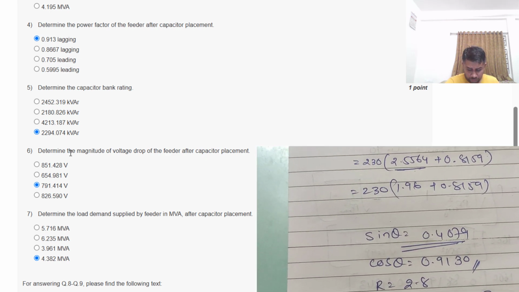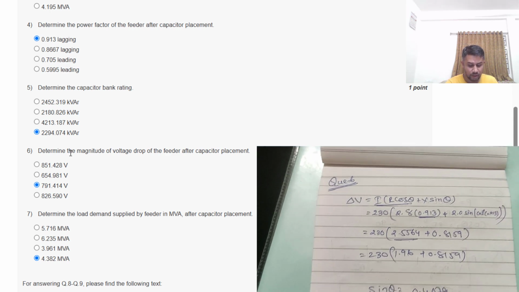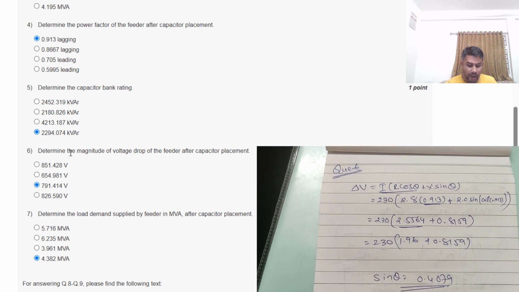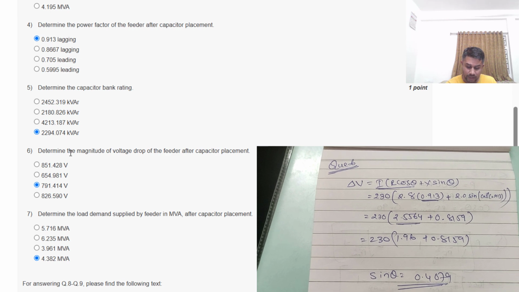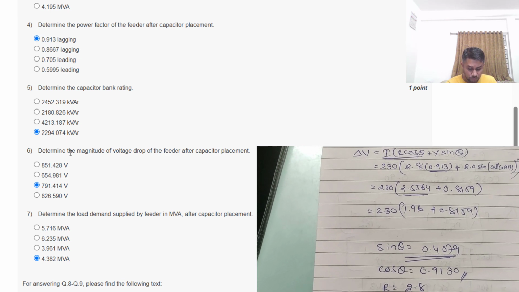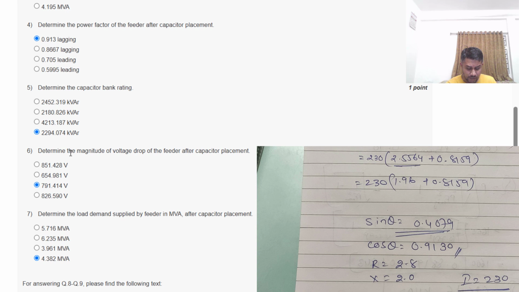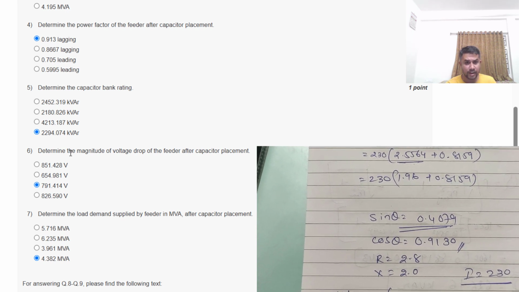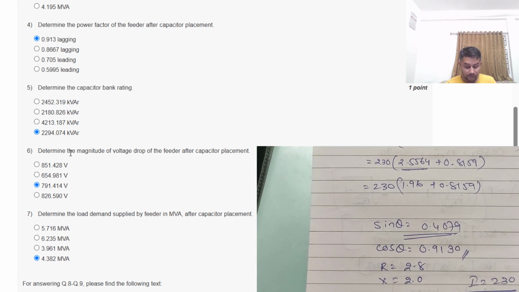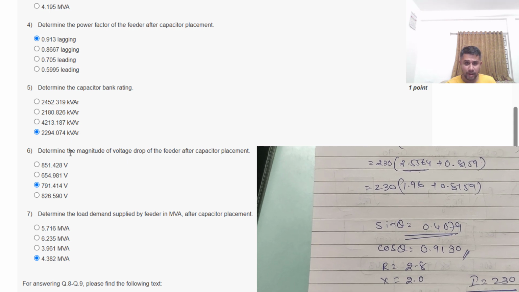Question number 6: determine the magnitude of voltage drop. Delta V equals I into R cos theta plus X sin theta. Sin theta equals 0.4079 and cos theta equals 0.9130 after the placement of the capacitor bank.